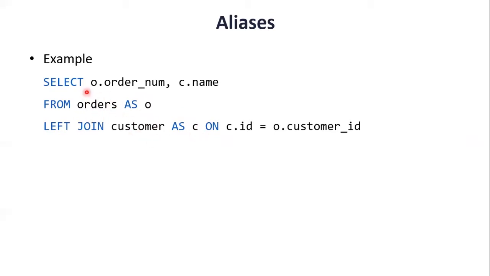So we have written select o.order_num, c.name, and even here c.id equals o.customer_id. When we say o.customer_id, that means orders.customer_id. By using an alias for both of these tables, we have managed to reduce the length of the query.